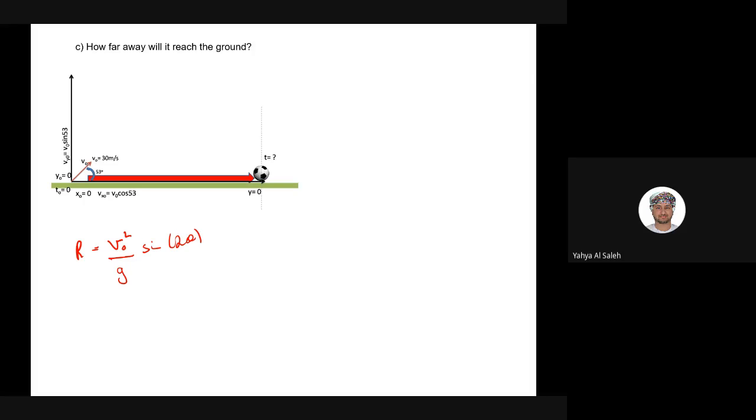V naught squared would be 30 squared over 9.8 times sine of 2 times 53 degrees, which is equal to 9 meters.